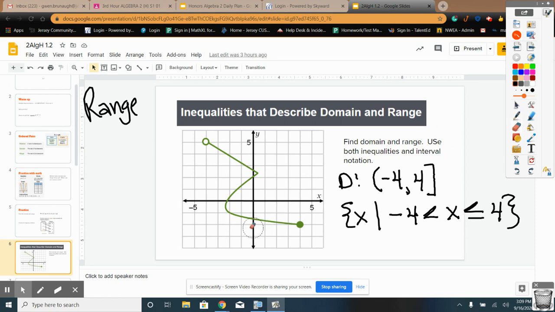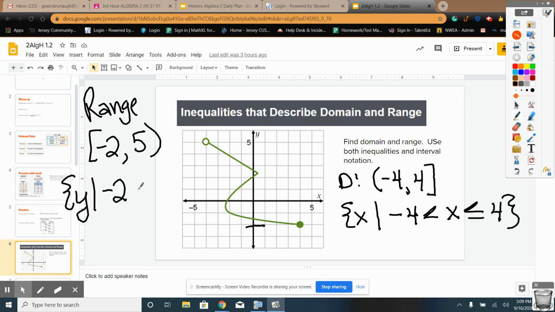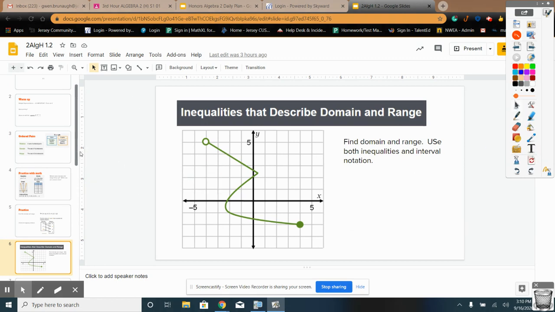Looks like the lowest we get here is at -2. Can be -2, so that's a square bracket. And it goes all the way up to 5, but the 5 gets the open parenthesis because there is an open circle there. You also could say the set of all y such that, small number first, -2 less than or equal to y less than 5, because range has to do with y. Two ways to represent domain and range.